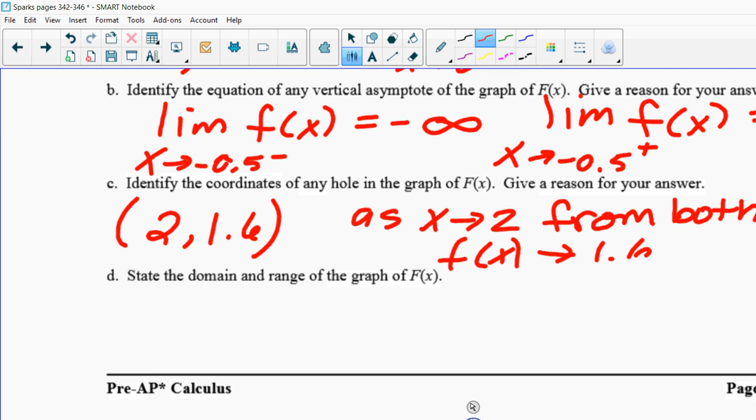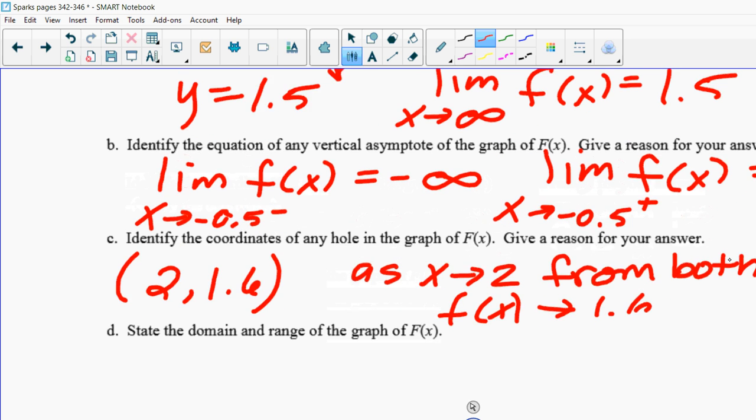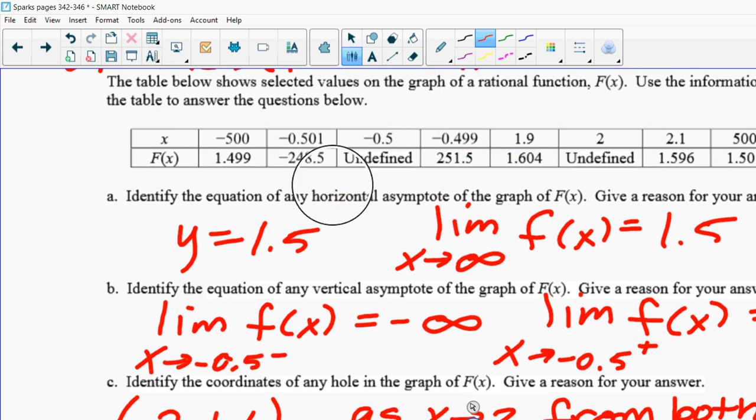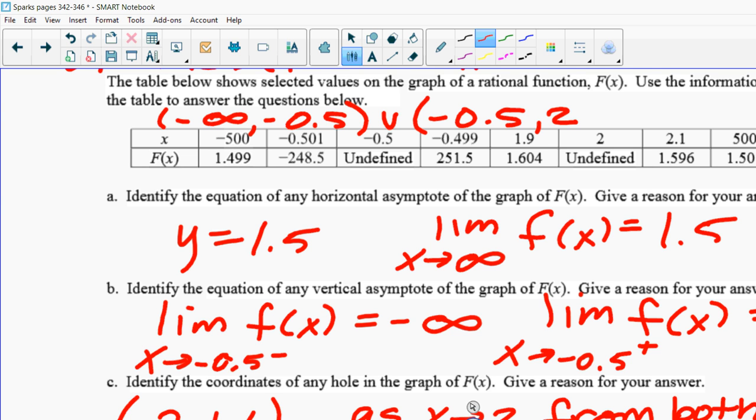Domain and range, and we'll be done. Can you find the domain from this table? Negative infinity to -0.5. Is that included? Is that included?